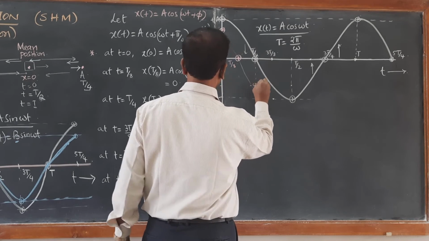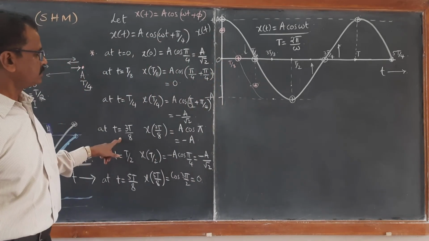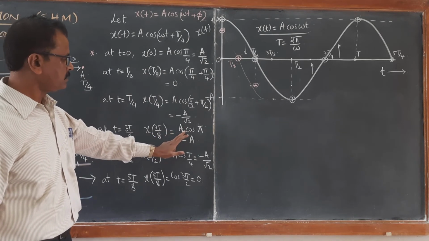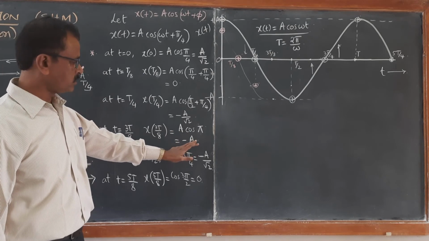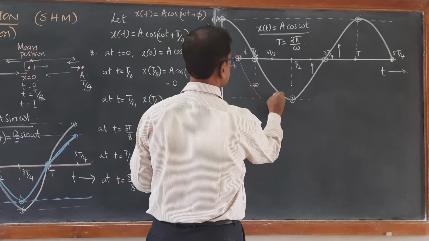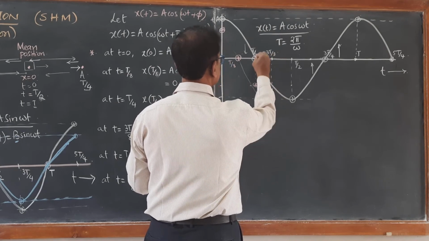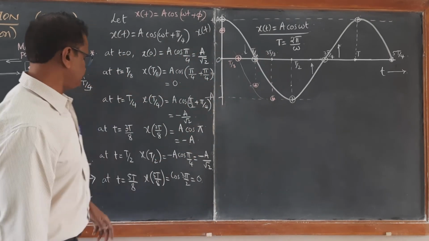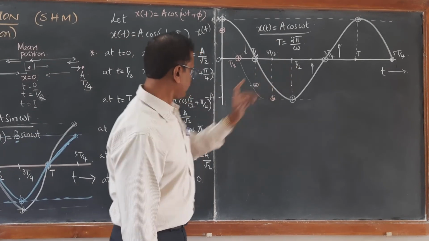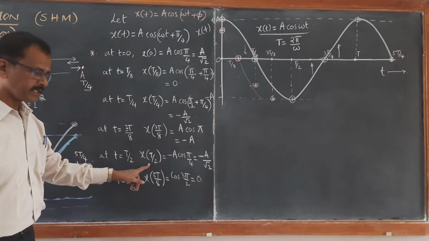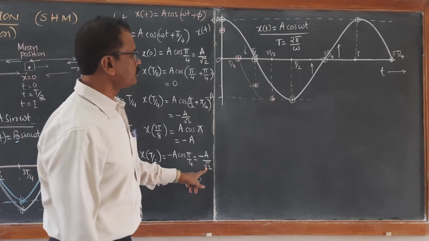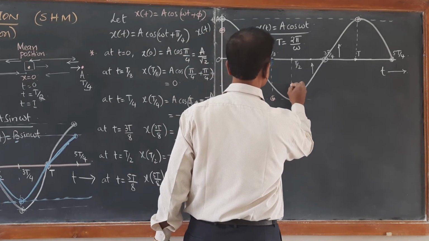At 3T by 8, if you work it out in the same manner, you will get A cos pi. A cos pi is minus A. So you will get minus A here. At T by 2, if you work it out, you will get A cos of pi plus pi by 4, that is minus A by root 2 again. Again we have the same value.